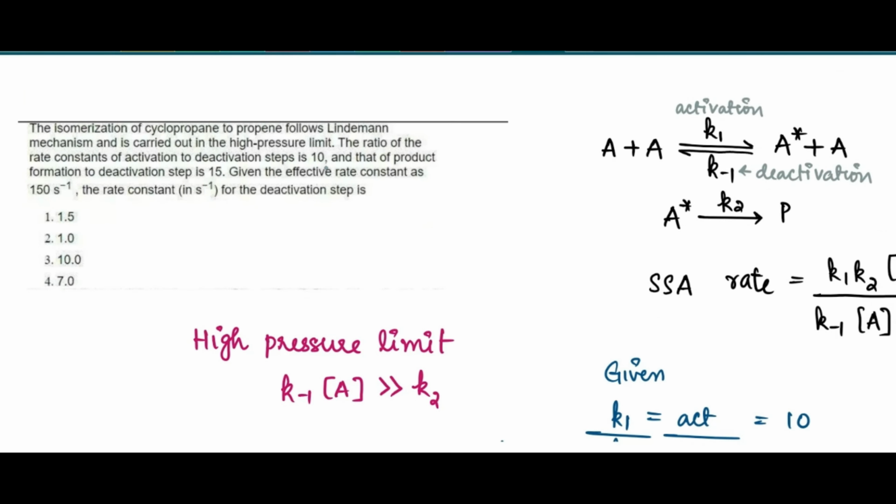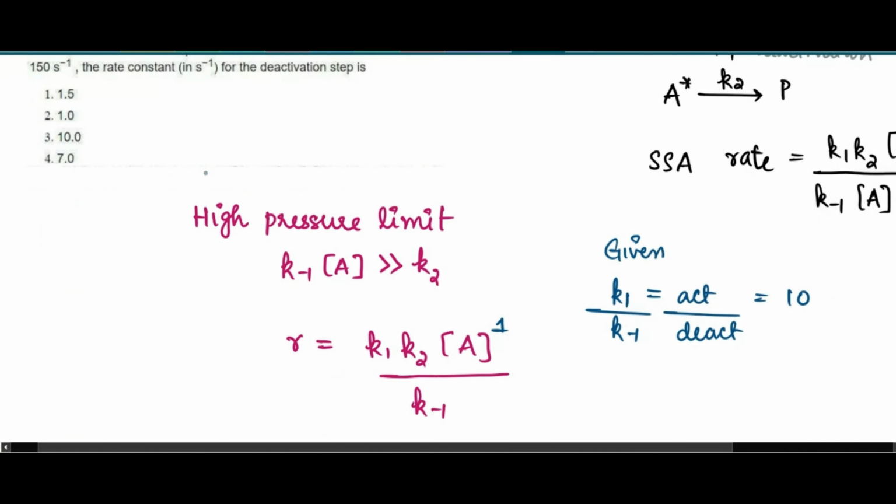And it is given that the product formation to deactivation step is 15. Product formation നടക്കുന്നത് K2 ലാണ്. So K2 divided by deactivation step is 15. These two things are given.